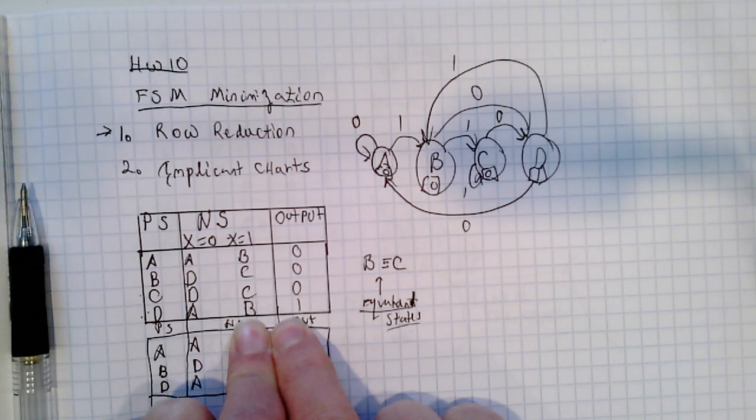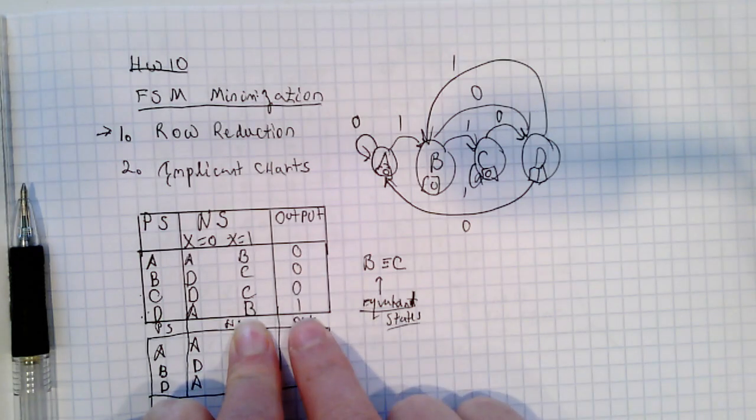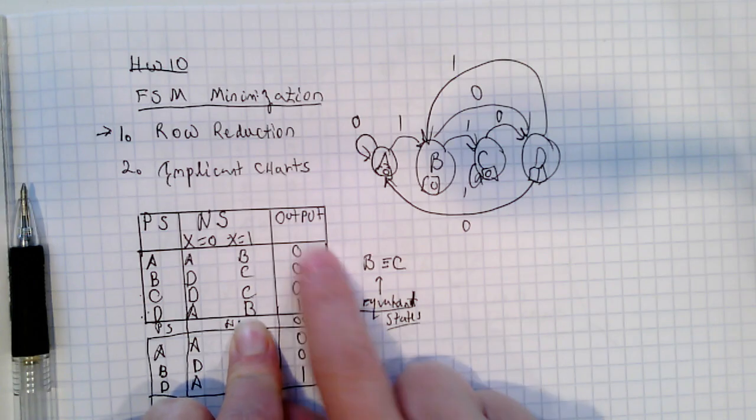So one thing we know is states are not equivalent if their outputs are different. So row A cannot be equivalent to D because the output is different. B cannot be equivalent to D. C cannot be equivalent to D because outputs are different.